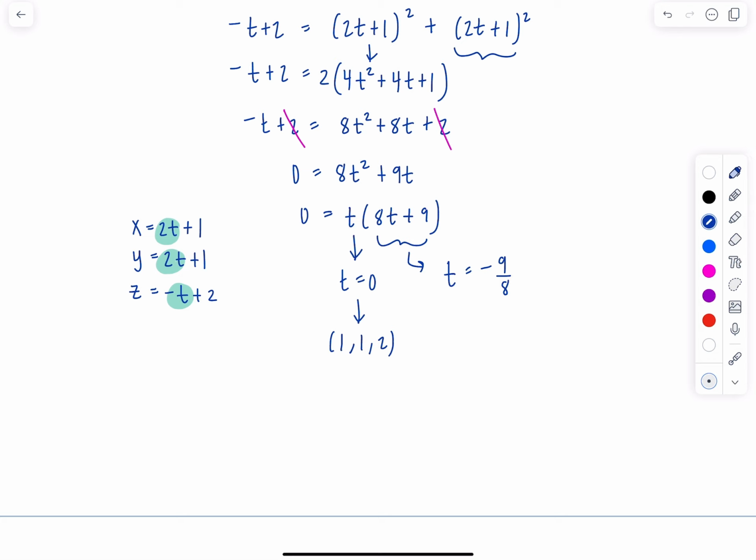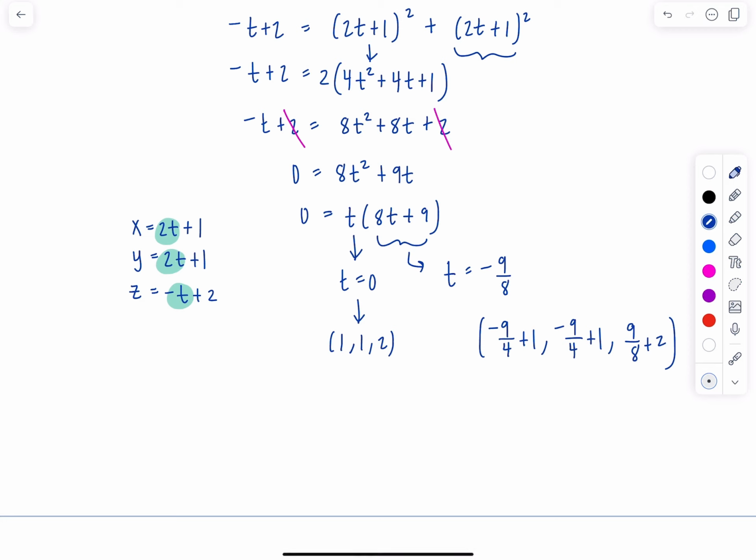Now I'm going to substitute negative 9 over 8 for t so I can get my ordered triple. 2 times negative 9 over 8 is negative 9 over 4, plus 1. Same thing for the y coordinate. And the z coordinate is going to be positive 9 over 8 plus 2.